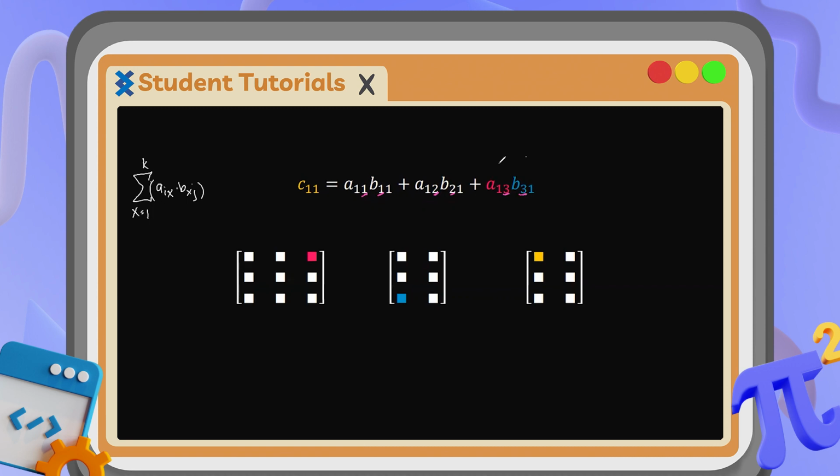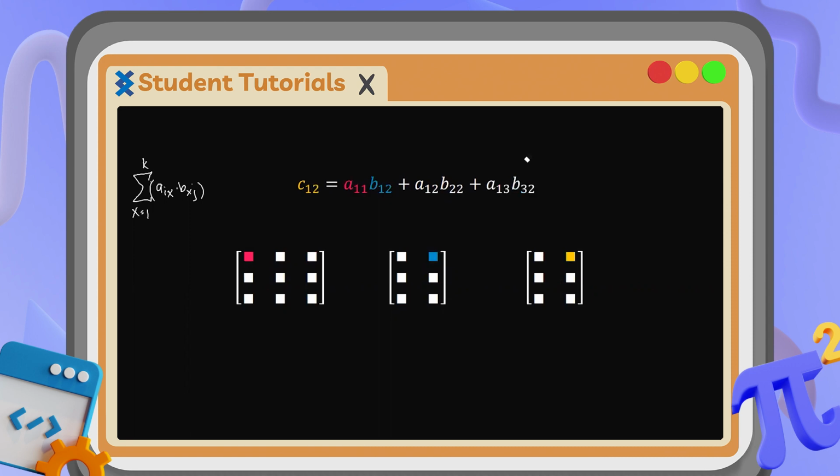And that must be satisfied to get the sum of the products of both matrices to get the first element C sub 1, 1. And that's only for the first element of the product matrix. So matrix multiplication is very tedious, but with enough practice, you would get used to it.